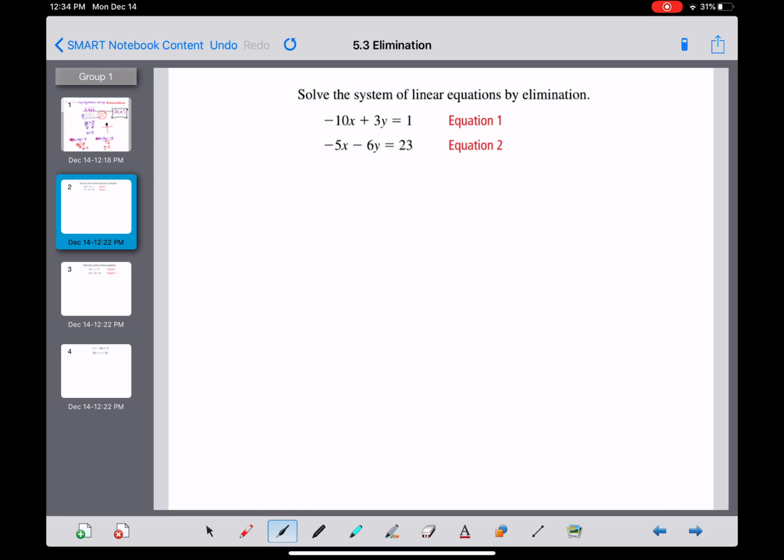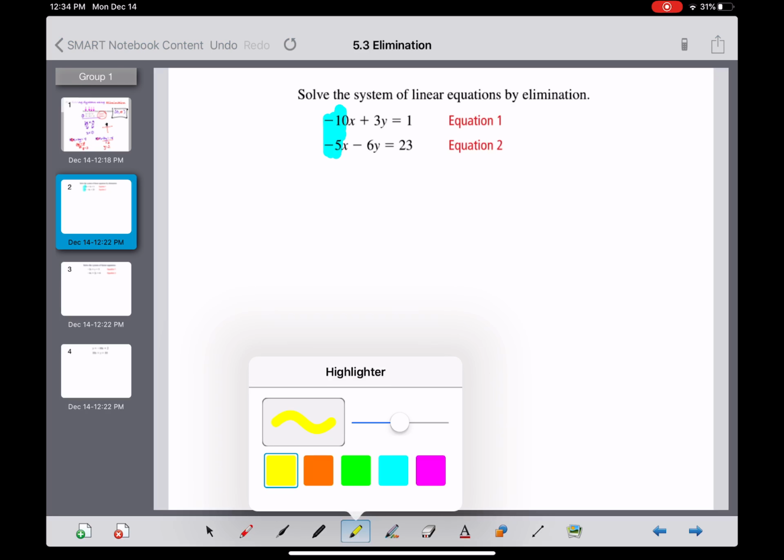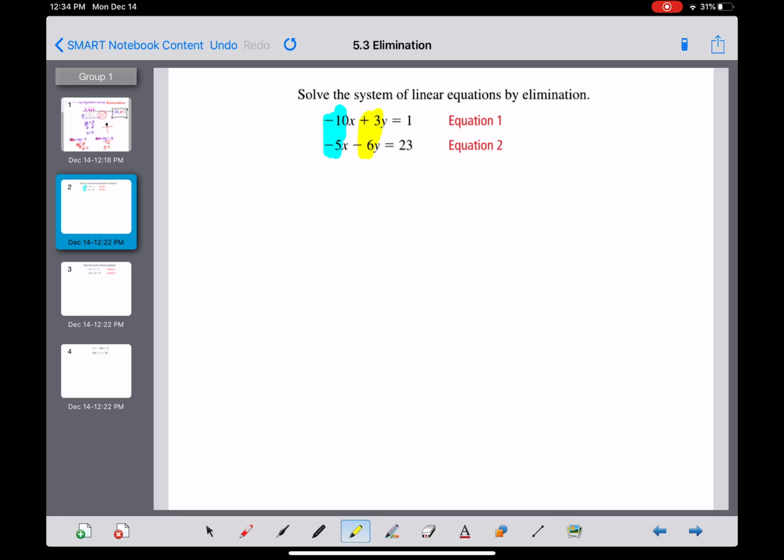For example number 2, if I look at my x coefficients and my y coefficients, unfortunately, neither set are opposites. So what we're going to have to do is use a multiplier. And it really is just a preference if you want to multiply to eliminate the x's or the y's.